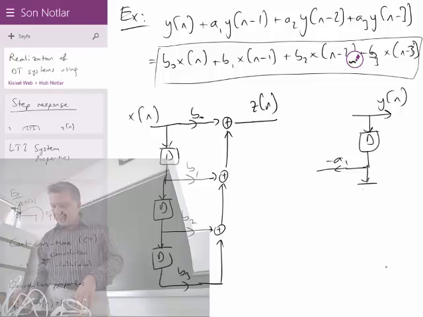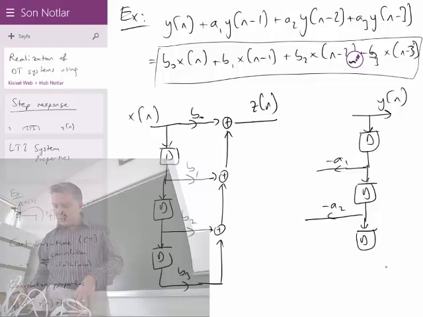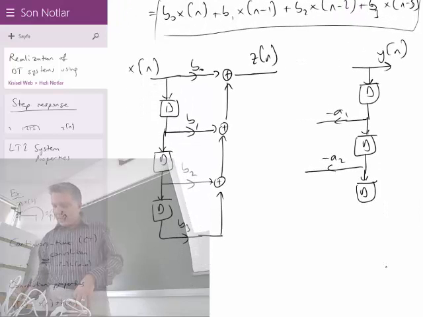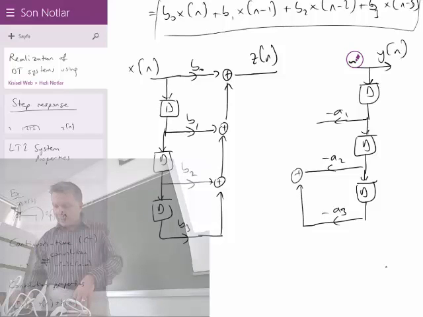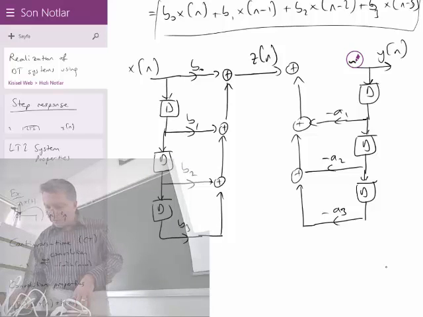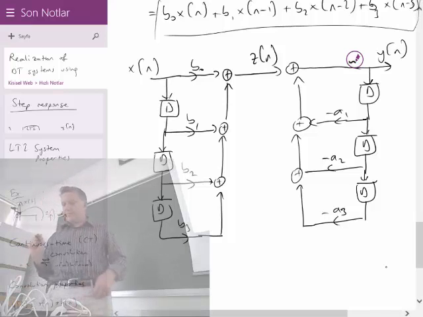Then I will have y of n minus 2, which will be multiplied by minus a2, and then delayed again to produce y of n minus 3, which will be multiplied by minus a3. And then they will be added together to produce y of n.